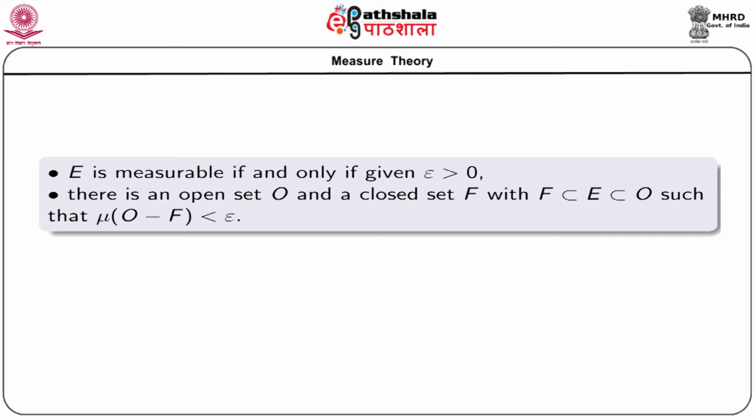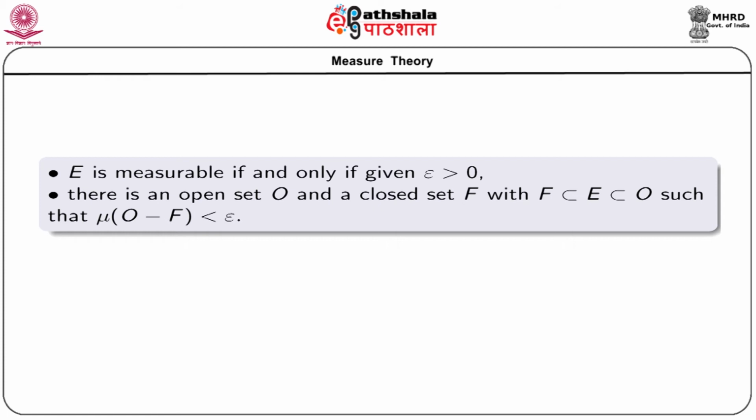So, from the 5 assertions which we have proved, we get this important result that the set E is measurable if and only if, given epsilon greater than 0, there is an open set O and a closed set F with the property that F subset of E subset of O such that mu of O minus F is less than epsilon.